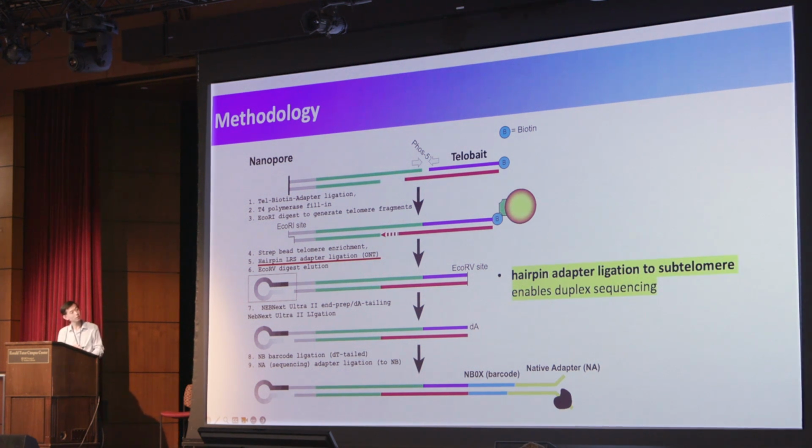This hairpin ligation is important because it allows sequencing of both the C and G strand in order to demonstrate conservative synthesis and distinguish it from semi-conservative synthesis. This is achieved because the sequencing adapter sequences along the bottom, through the hairpin, and then back along the other side on the G strand.